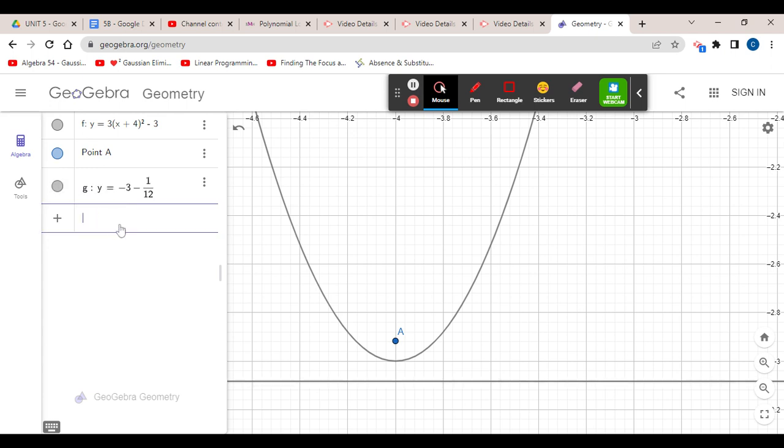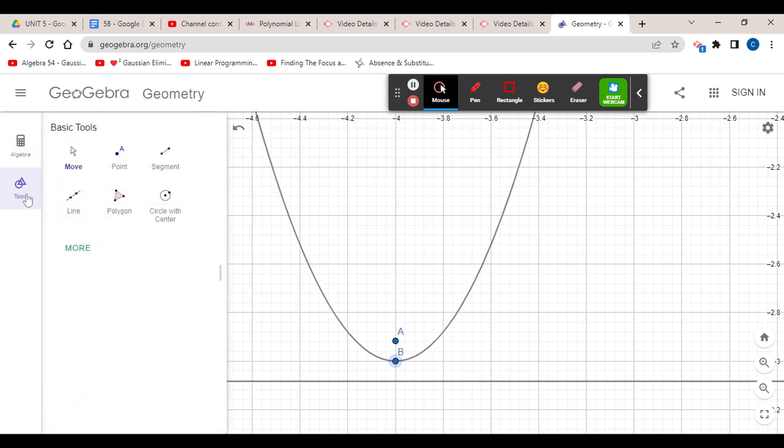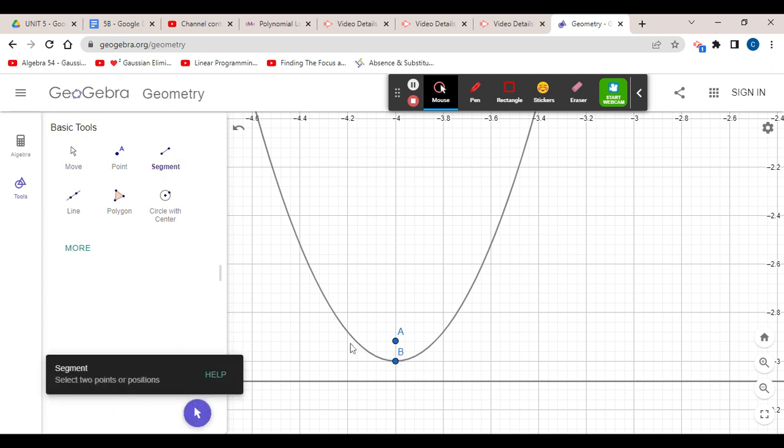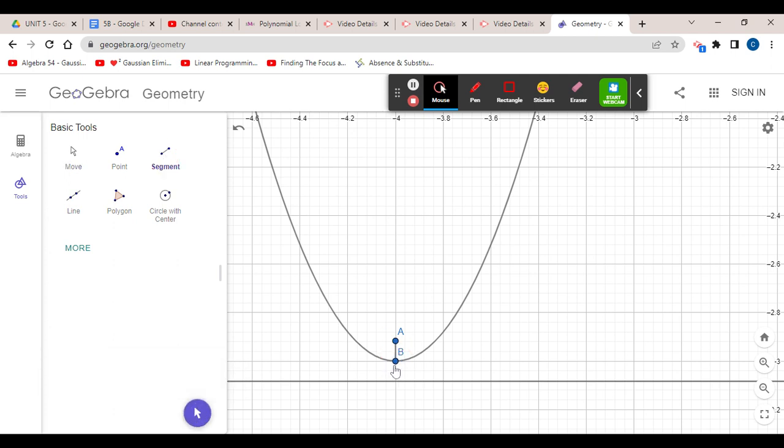Now I'm going to put my vertex point here just so we can have it. So we have -4, comma, -3. There's our vertex B. Now if I go to my geometry tools here, I can do a segment from A to B, and a segment right there, B to C. Whoops.